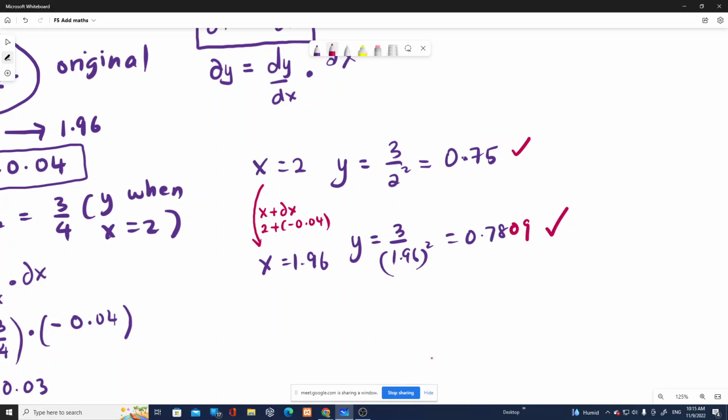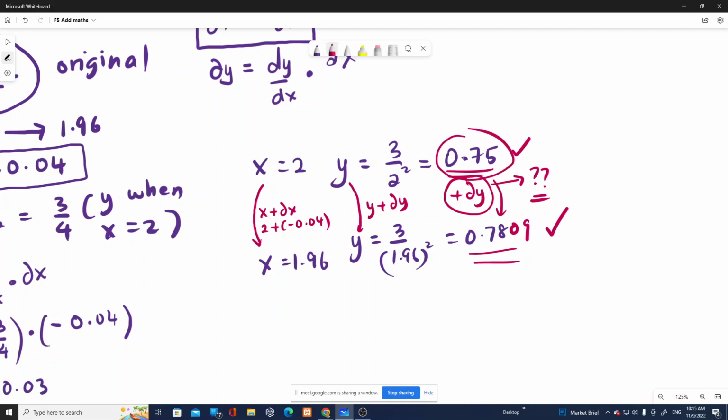So, same thing, your y needs to plus delta y in order to get this answer, 0.78. So we need to find out what delta y is, then plus the original y.